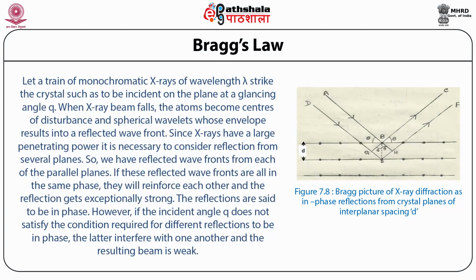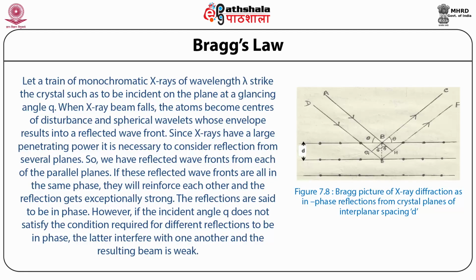Let a train of monochromatic X-rays of wavelength lambda strike the crystal so as to be incident on the plane at a glancing angle theta. When the X-ray beam falls, the atoms become centers of disturbance and spherical wavelets, whose envelope results in a reflected wavefront.